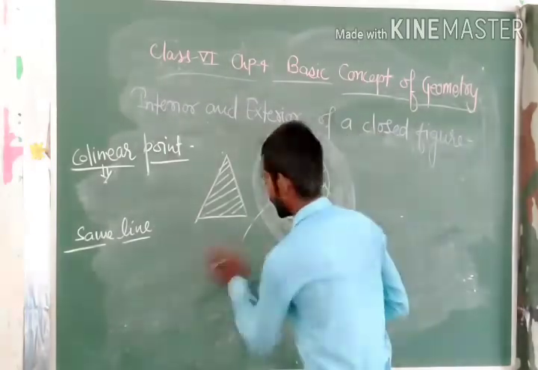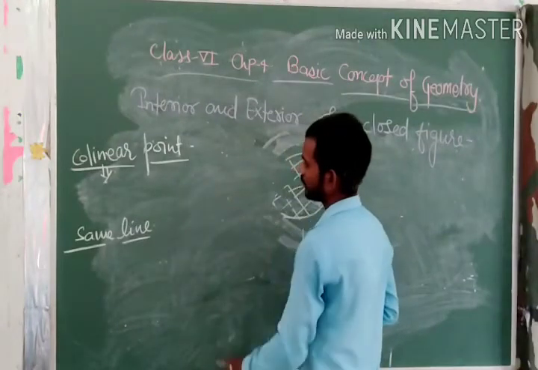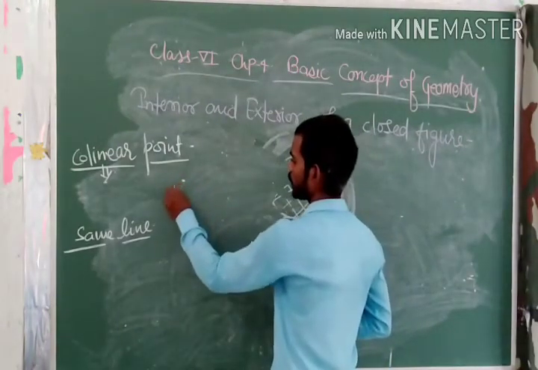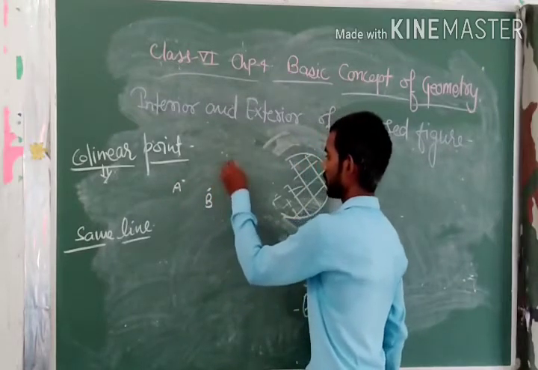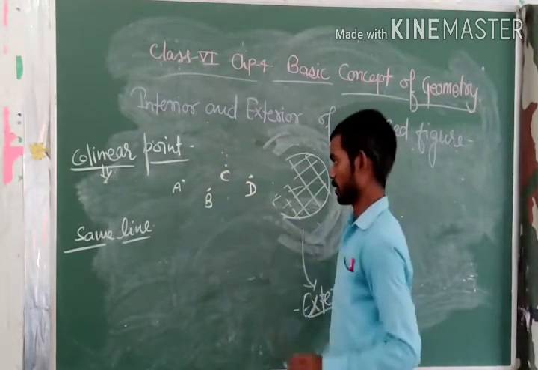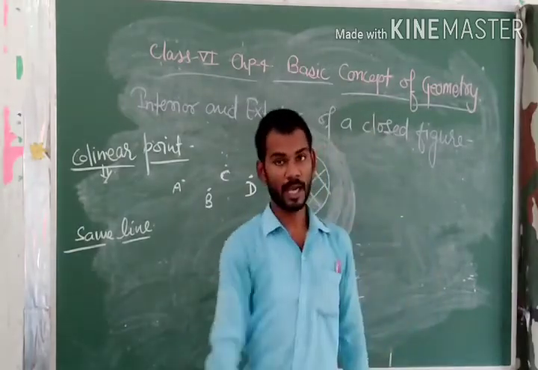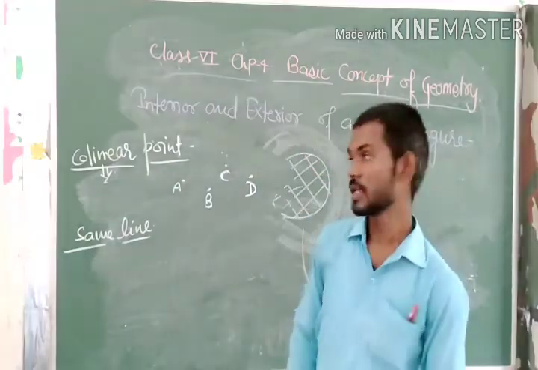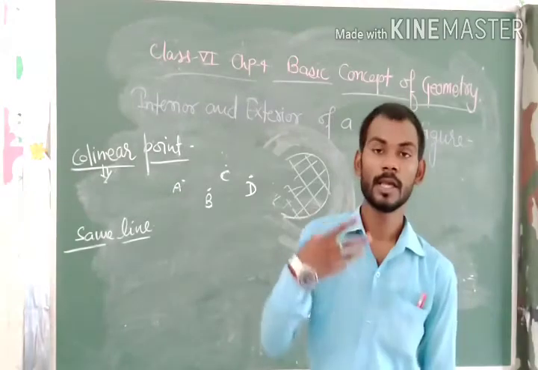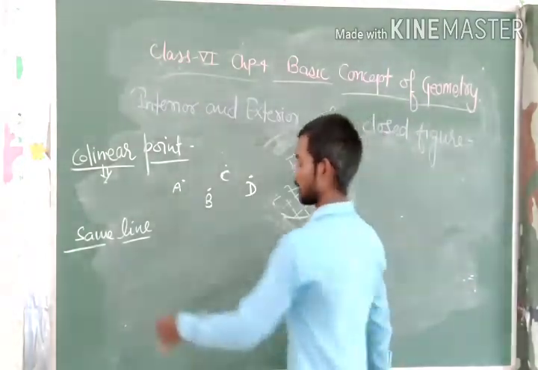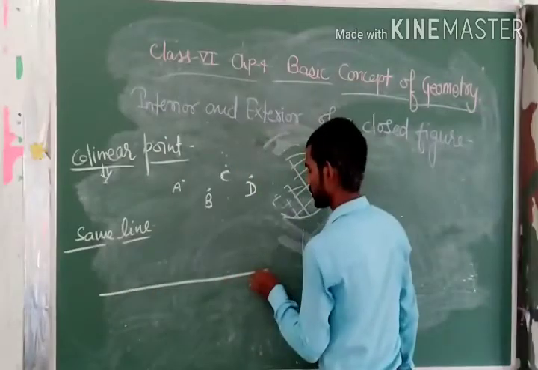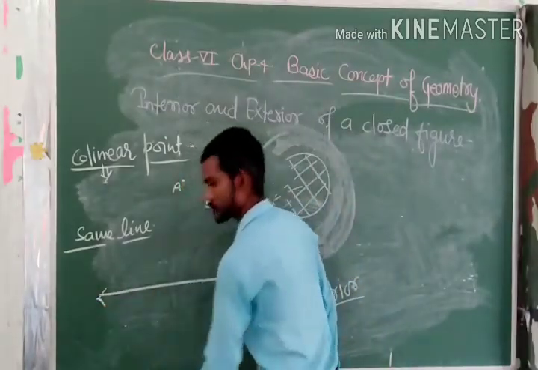Suppose there are some points: point A, point B, point C and point D. The four points are given. We want to define collinear points. So just draw a line. This is a line.